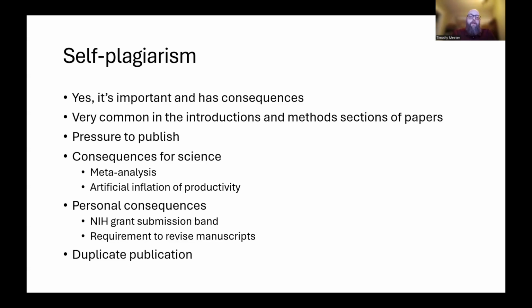So it's a different audience. That's a justification. And so you have to be very careful, especially when you're doing meta-analyses and looking at the historical record of publications, that you don't accidentally double count things.